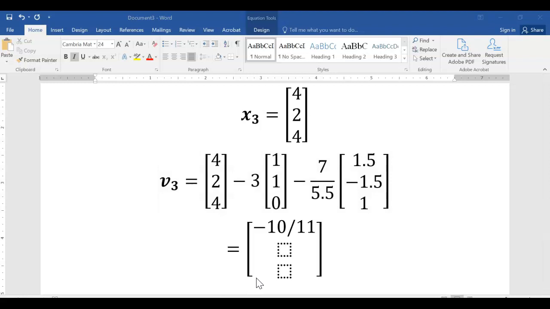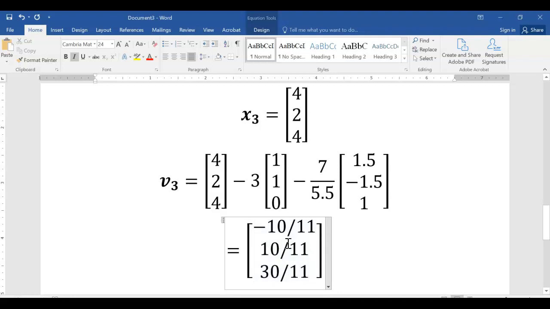Once you do the calculations, 2 minus 3 times 1 minus 7 over 5.5 times negative 1.5 actually gives you a positive 10 over 11. And then when you take 4 minus 0 minus 7 over 5.5 times 1, I ended up with 30 elevenths.